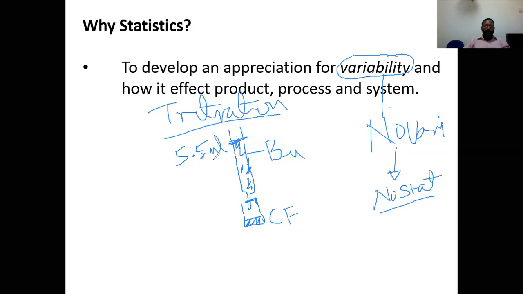Can somebody tell me, if I repeat this same experiment again with the same solution, I'm not changing the solution, what will be the answer if I do the titration again? Let's say 5.8 milliliter as an example.